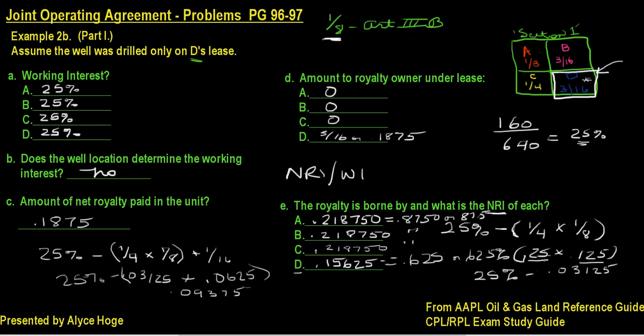So the whole point of these two exercises is to show you the impact. If the contract area is the same as the spacing unit, then each party is going to bear his own burdens. But if the party has to bear a burden alone, in other words, they are the only interest owner in this spacing unit, it's going to adversely impact their net revenue interest.